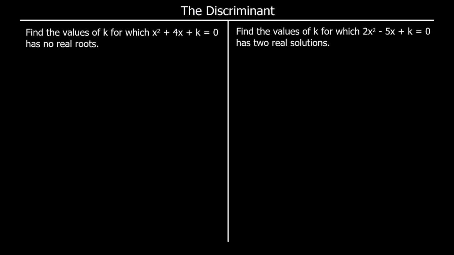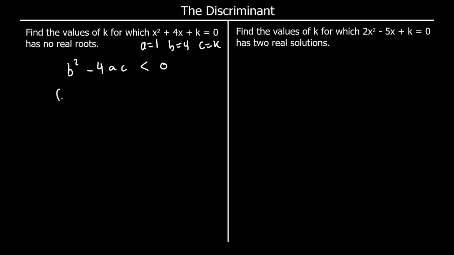This question says find the values of k for which x squared plus 4x plus k has no real roots. So we've got a is 1, b is 4, and c is now k. And if it's got no real roots, that means we know b squared minus 4ac is negative, less than 0. So let's substitute a, b, and c in, and we'll find a range of what k can be.